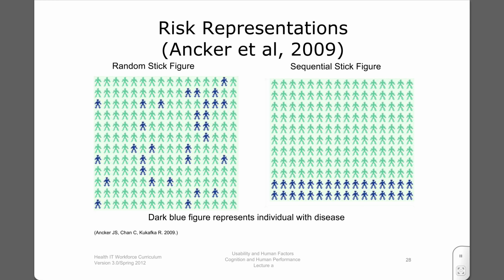In the second graph on the right, the dark blue stick figures are sequentially presented at the bottom of the screen. Although they represent the same probability, people are likely to interpret them differently. Dr. Ancker has experimented with different kinds of dynamic and static representations to determine which ones work best for different populations.